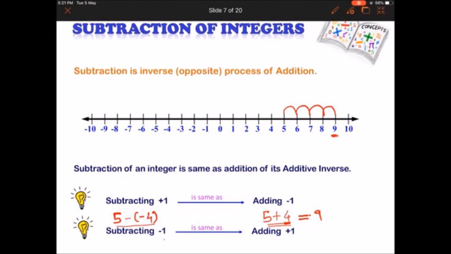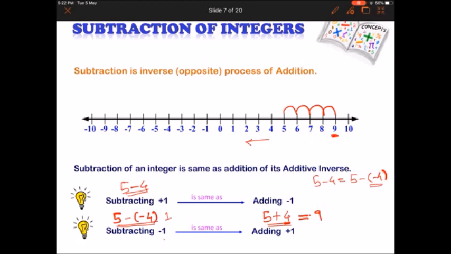Now here where do I have to move? I'm subtracting a negative number. For subtracting positive number we move towards left, right? For this case we move towards left, but for subtracting negative number, if we move towards left I'll get 1 as answer, but it will also mean that 5 minus 4 is same as 5 minus minus 4. Is it same? No, because plus 4 and minus 4 are not same.